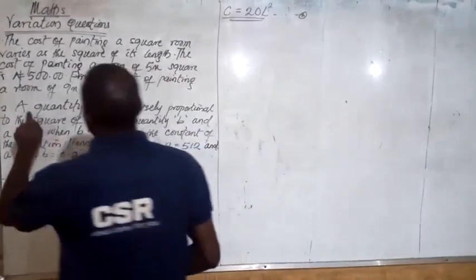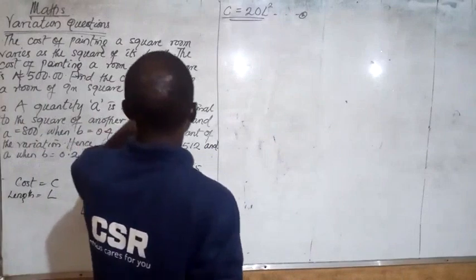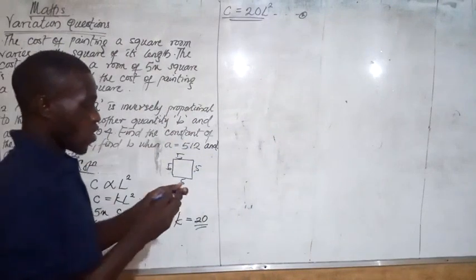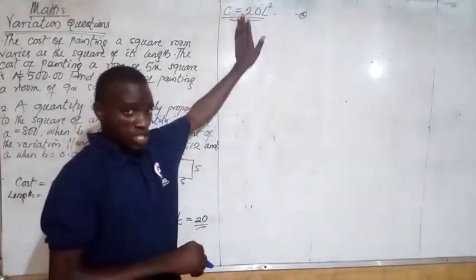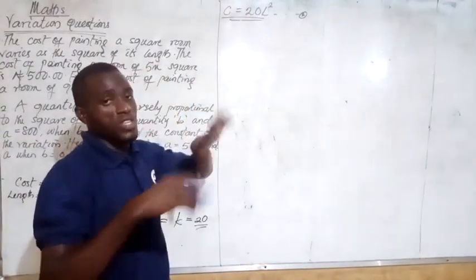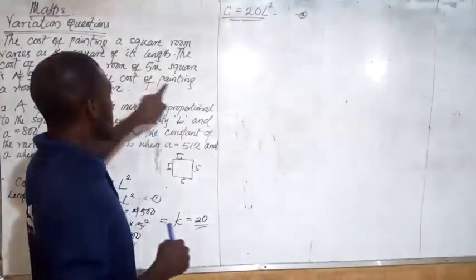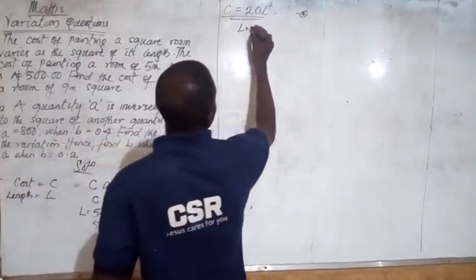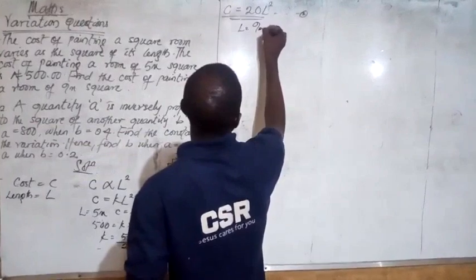The next one says we find the cost of painting a room of 9 meters squared. Now, having established this relationship, it is easier to solve any other question following. Our length has now been changed to 9 meters.